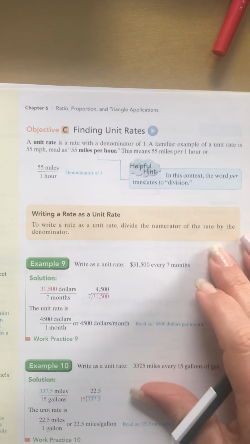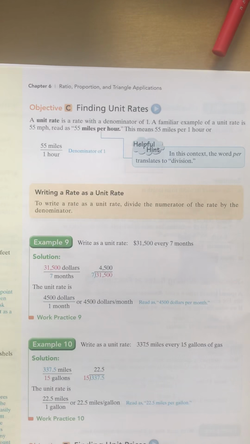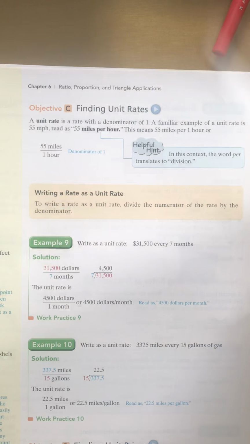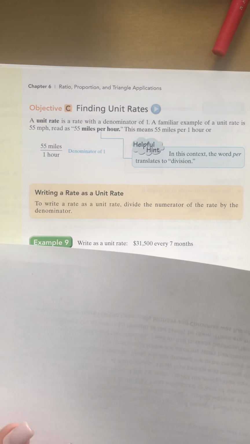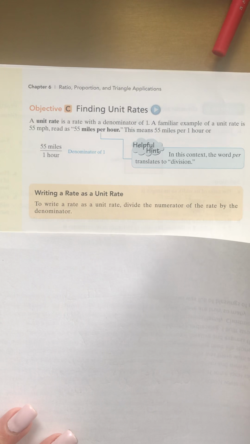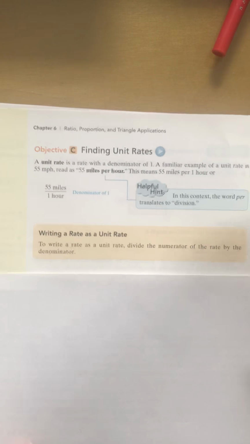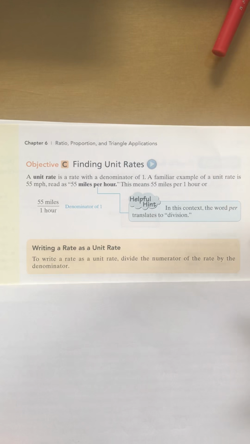Example 9. Now we're talking about a unit rate. You're going to see what it costs for 1 unit of something, finding the rate for 1 unit.